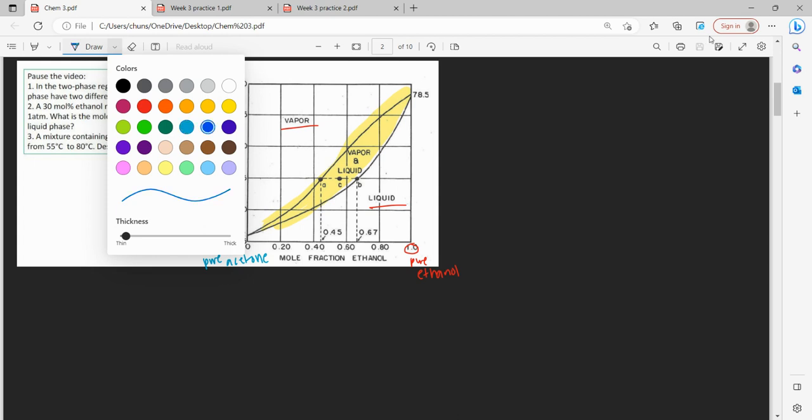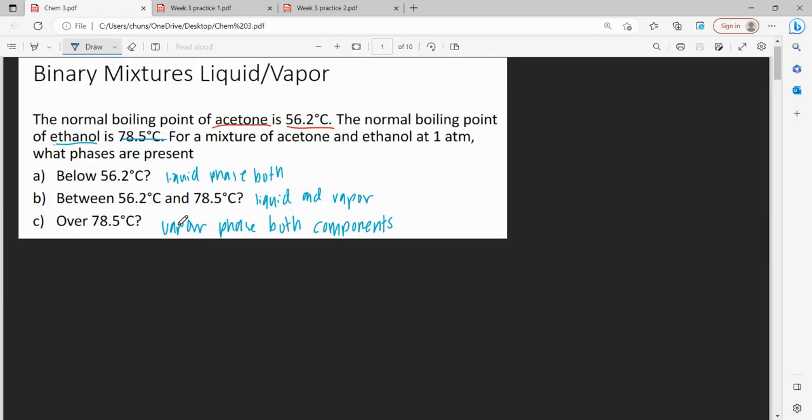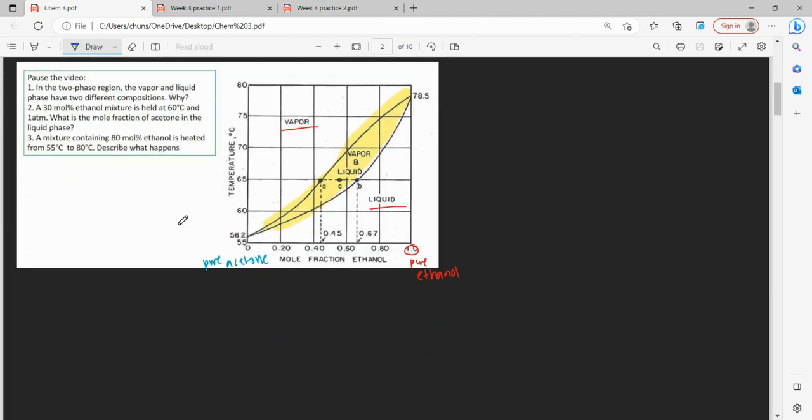So we want to find, in the two-phase region, the vapor and liquid have two different compositions. So why is that? This is answering part B of our previous question.